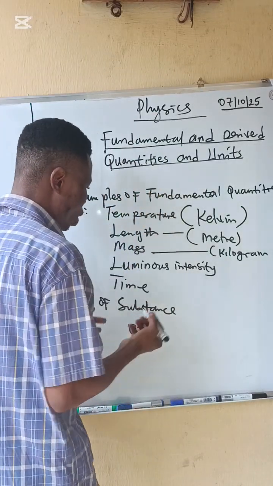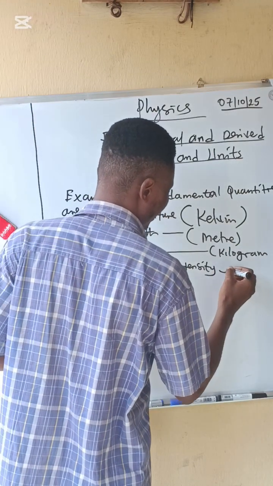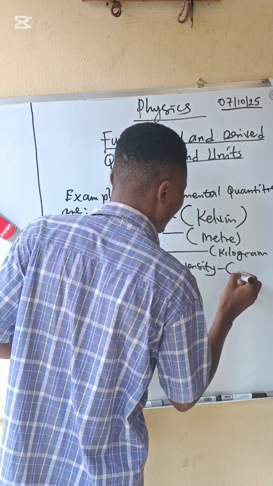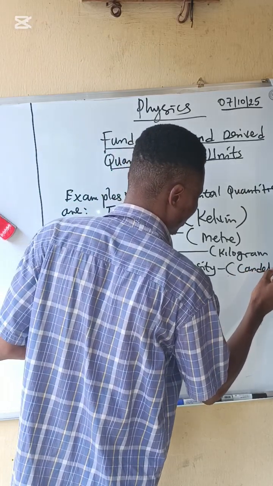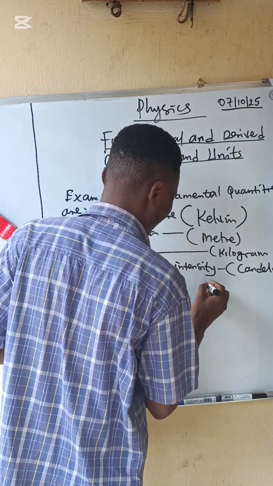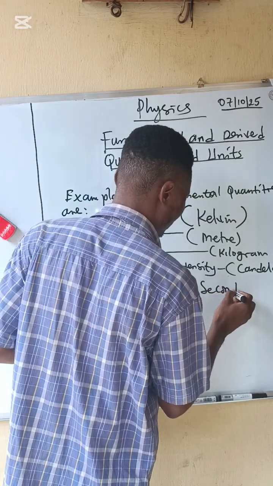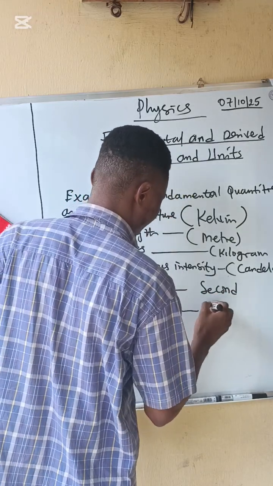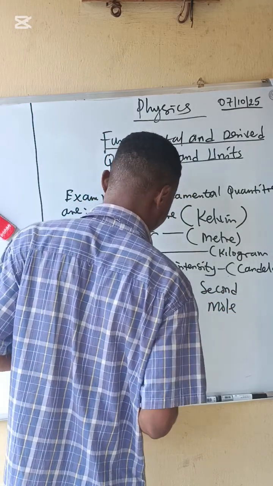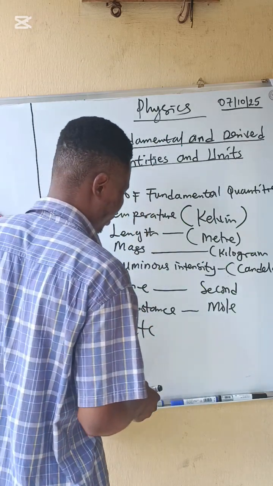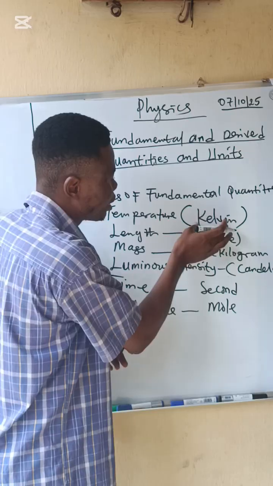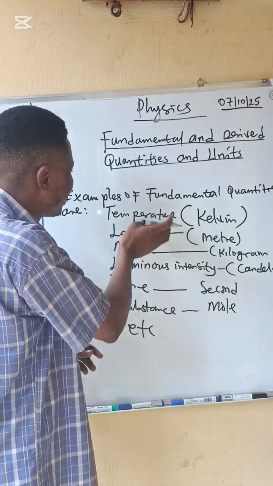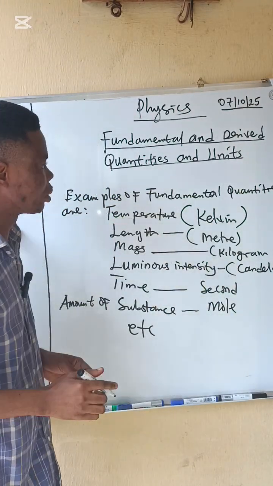The luminous intensity is candela. The time is second. The amount of substance is mole. So these are examples of fundamental units, and the earlier ones are examples of fundamental quantities.